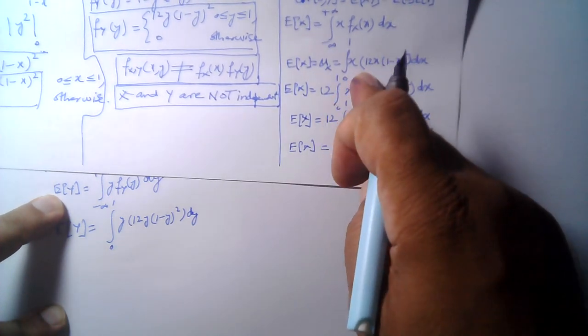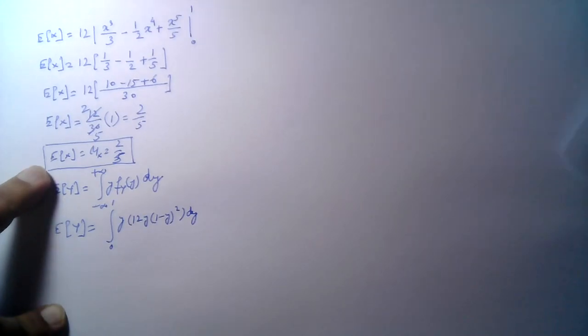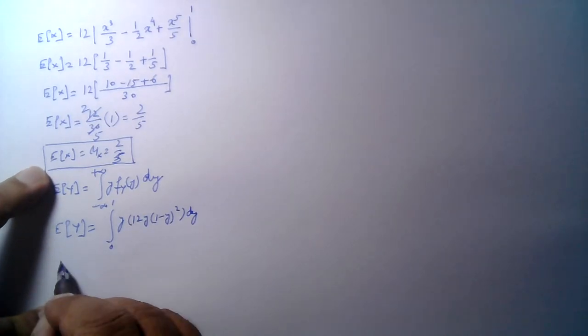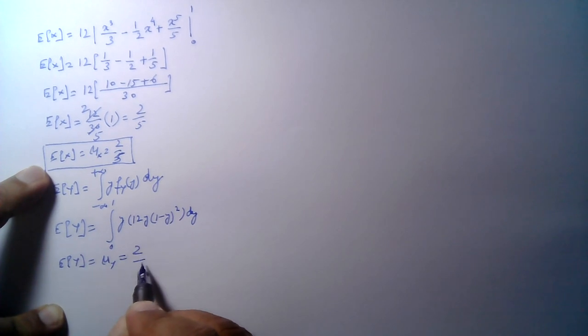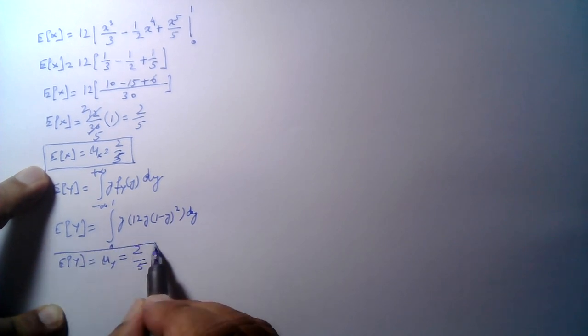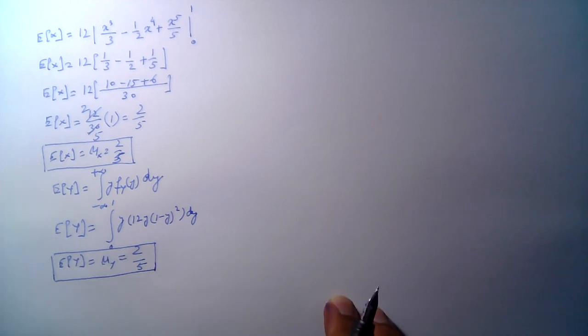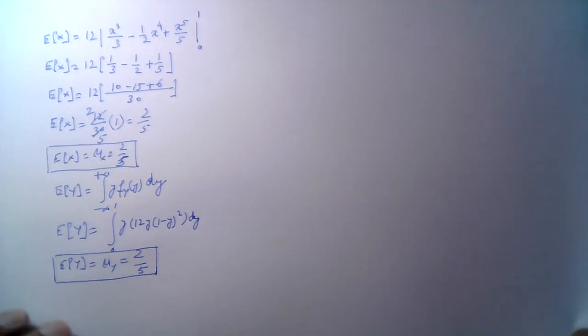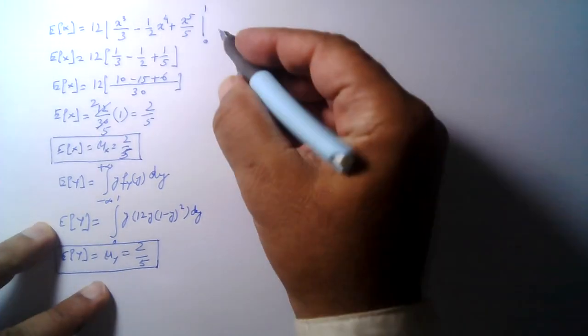So it will evaluate to the same value. So expected value of y, mu y, is also 2 over 5. Now we are left with only one more value to evaluate, which is the expected value of xy.